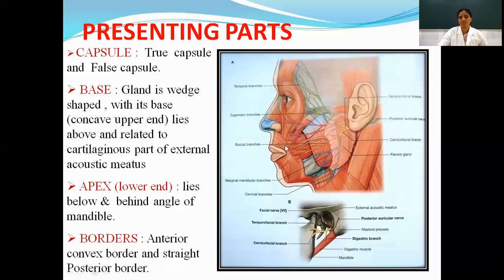Now coming to the parts of the gland. So what are the various parts of the parotid gland? As I told initially, the parotid region is a fascial space and that fascia is derived from the neck, the cervical region. What is that fascia? Deep fascia. So the deep fascia extends upwards and encloses the gland.